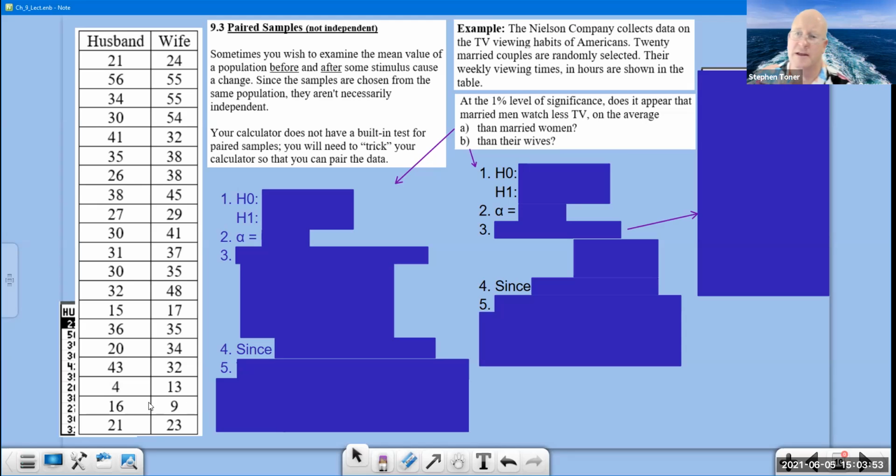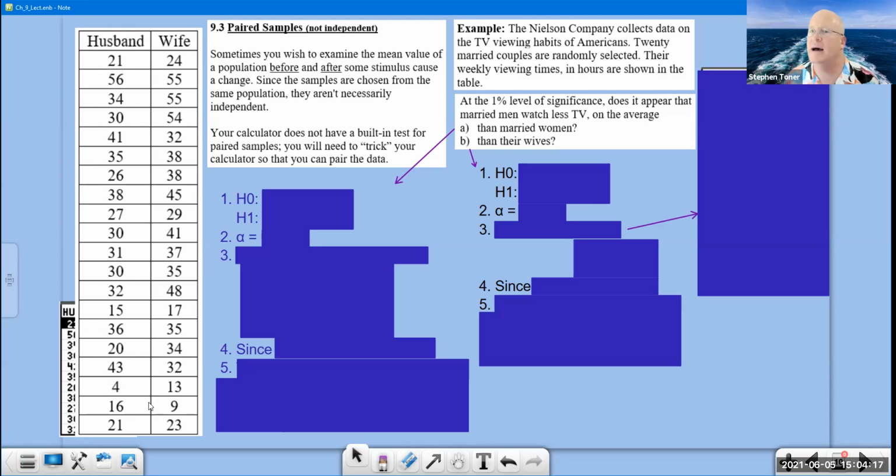I really think this problem should be about married men and their wives, because that's where the pairing occurs. However, in a previous edition of another book that I used, they actually talked about married men and married women, and in that case, it drops the pairing. It's kind of a weird thing. When you're comparing men and their wives, there's a connection.